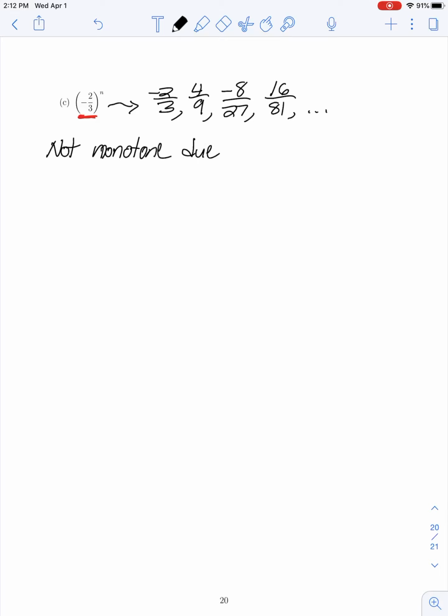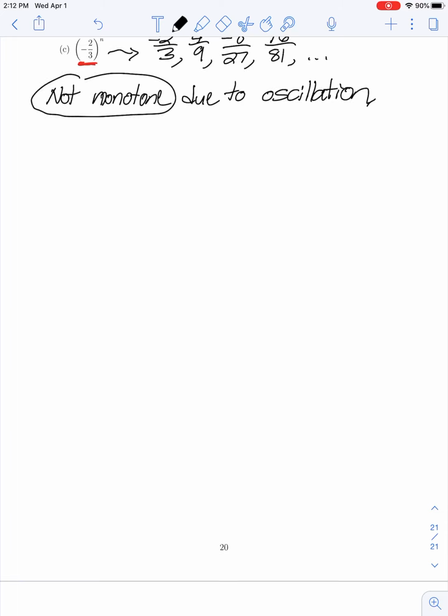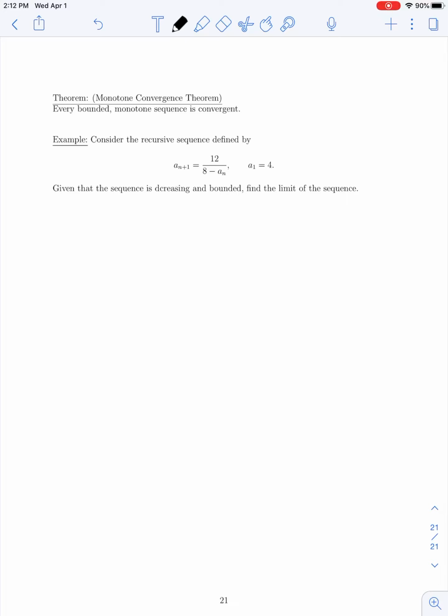It is never increasing nor decreasing since the terms of our sequence are changing sign. So here our sequence is not monotone due to the oscillation.